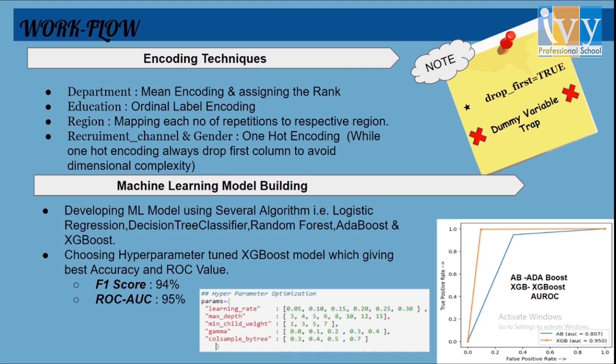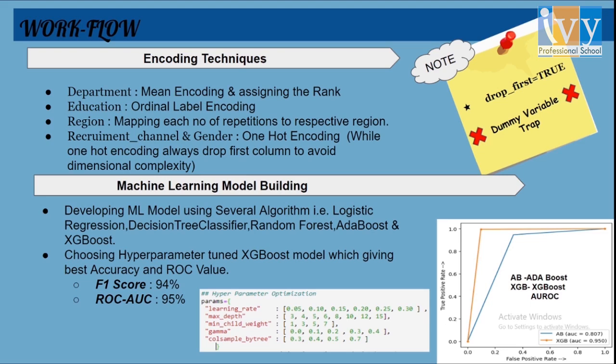So what it does, suppose we take the example of gender. When we are performing one hot encoding on gender, it creates two distinct columns using the two unique values of gender, that is gender male and gender female.